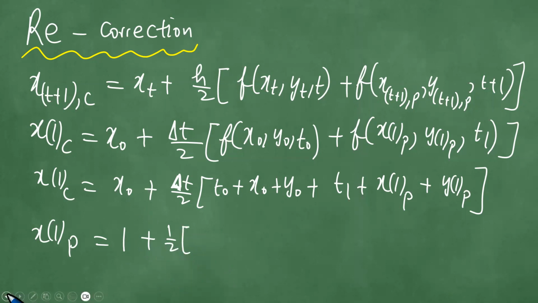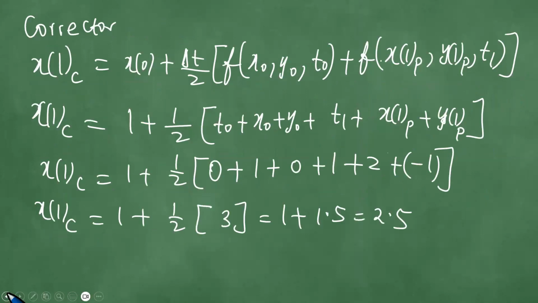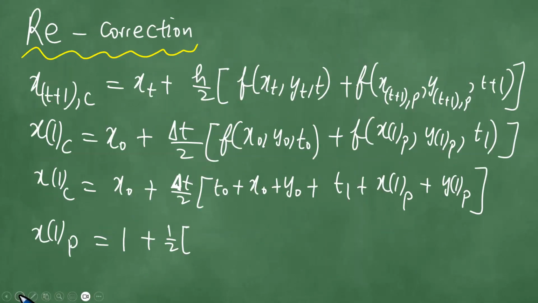Then you take this one that appeared before and you half it. You put it here. So you put a 2.5 here.